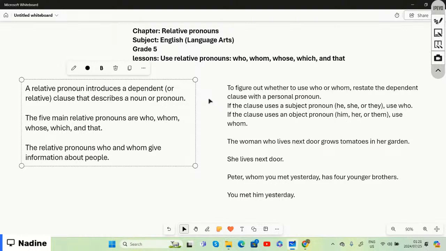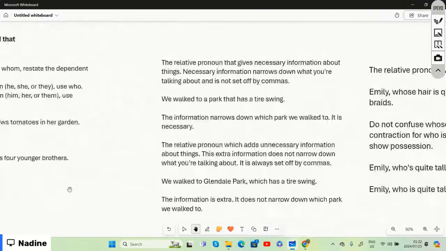And we use who when we make mention of a subject clause: he, she, or they. And whom as an object pronoun: him, her, or them. All right, so now we're going to continue.